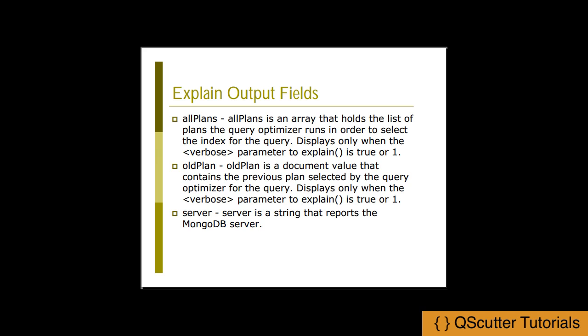Displays only when the verbose parameter to explain is true or 1. oldPlan is a document value that contains the previous plan selected by the query optimizer for the query. Displays only when the verbose parameter to explain is true or 1. server is a string that reports the MongoDB server.